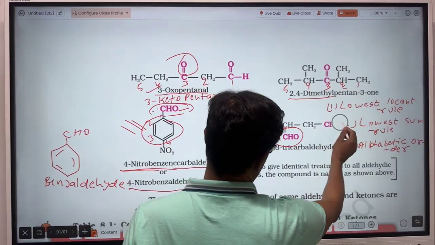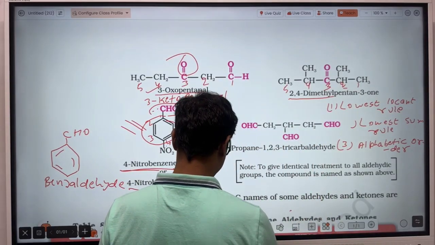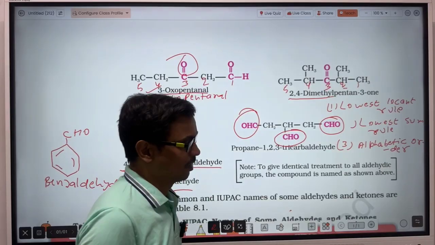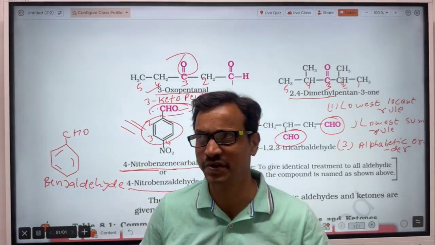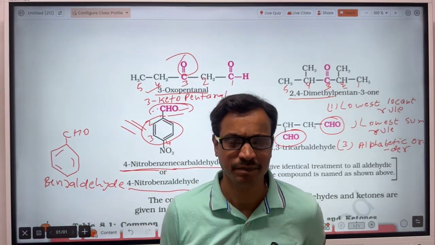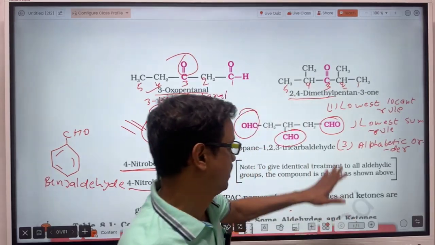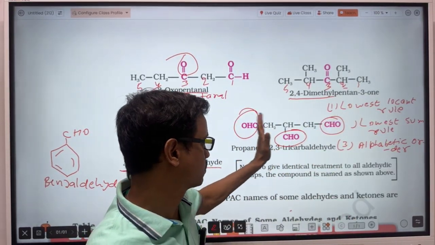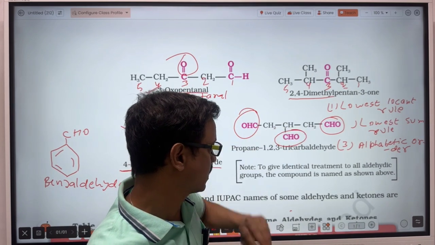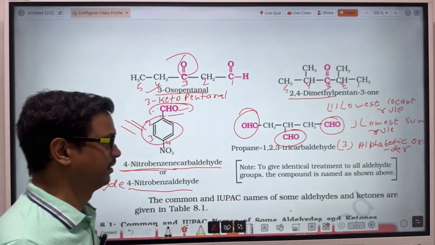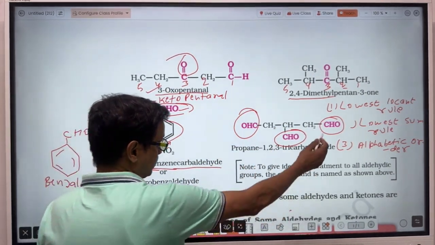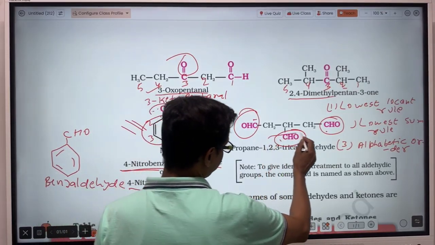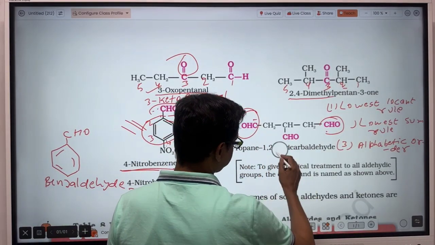So this acyclic carbon, this functional group, this functional group, and this functional group, all these functional groups will not be included in the main chain, since seniority is the same, and by counting the 2 carbons, the other carbon will be left. So that's why we will not count any one of them in the main chain. We will not include any one of them in the main chain.